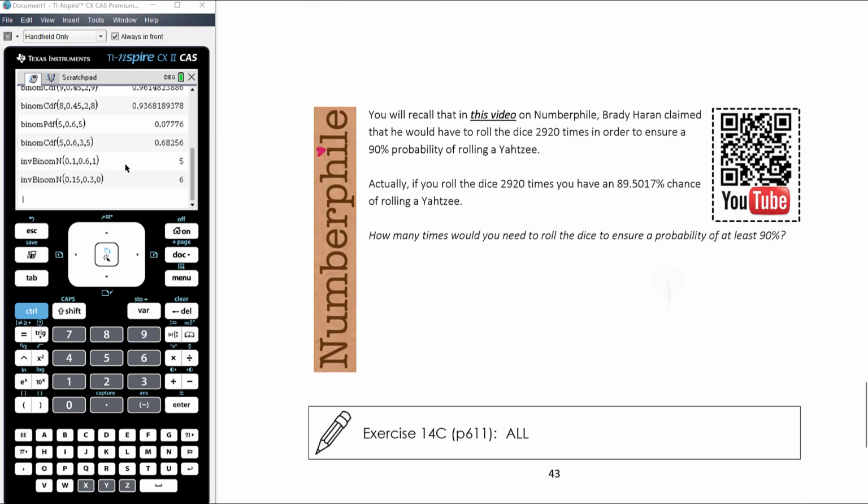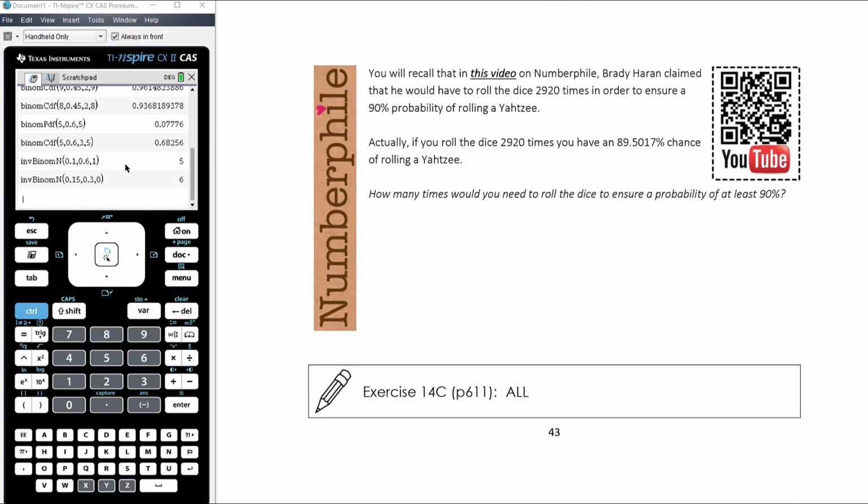Alright, last example is just returning to the video that we've watched previously. I'll link it here again. But in the video where we're looking at rolling one-roll Yahtzees, Brady said that he would have to roll the dice 2,920 times in order to ensure a 90% probability of rolling a Yahtzee. Now actually, if you roll the dice 2,920 times, you actually have an 89.5017% chance of rolling a Yahtzee.